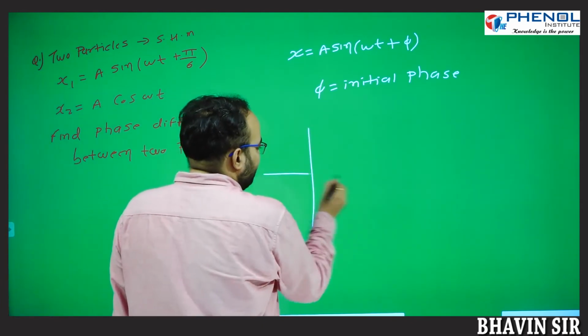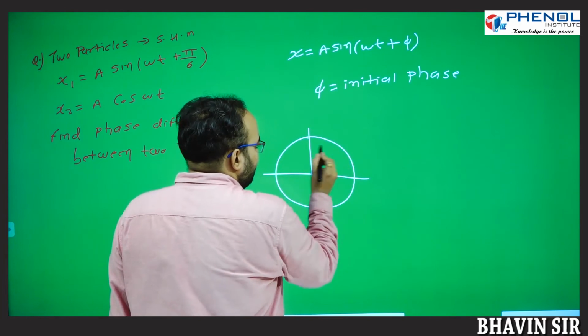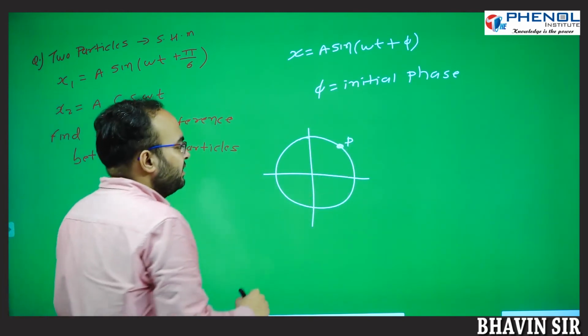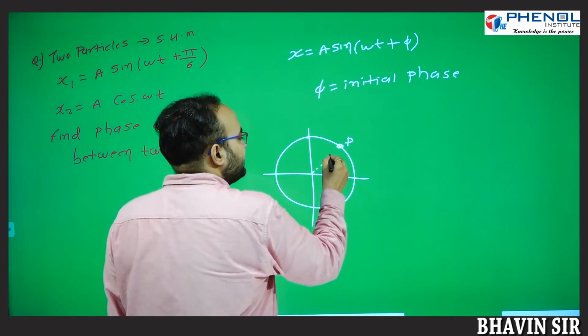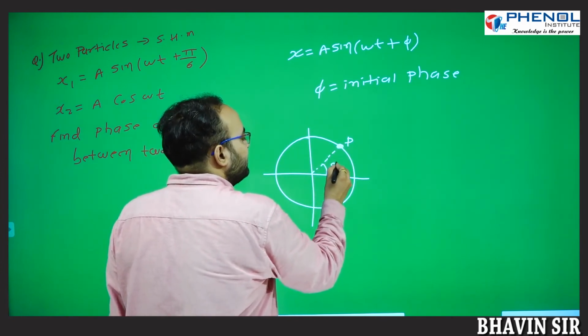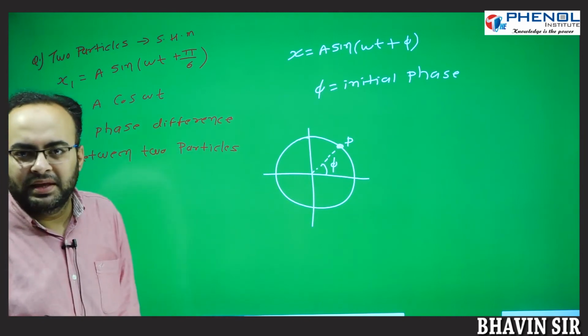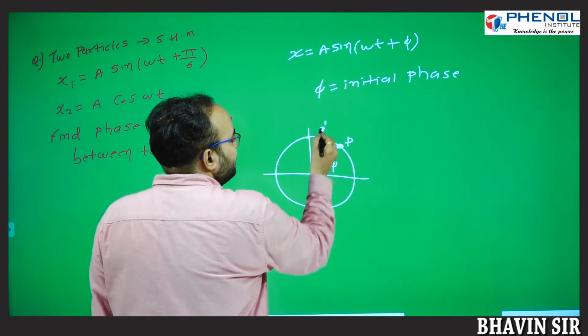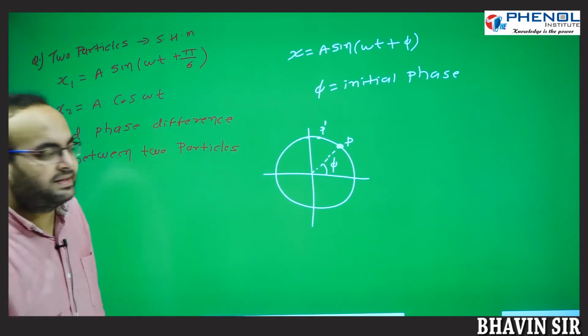Suppose the particle starts from here, so this is its initial phase. After some time it reaches P dash.